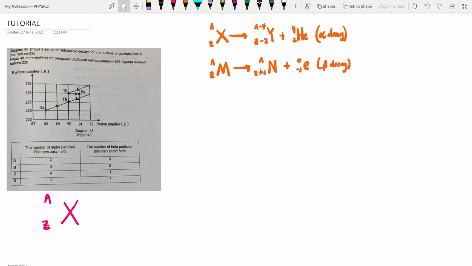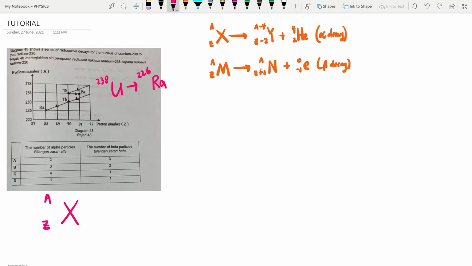Diagram shows a radioactive decay for the nucleus of uranium-238. 238 tu maksudnya nucleon number dia. So U-238 akan decay last kali dia menjadi radium-226. Kalau kita ada graf macam ni, x-axis menunjukkan proton number, y-axis menunjukkan nucleon number.